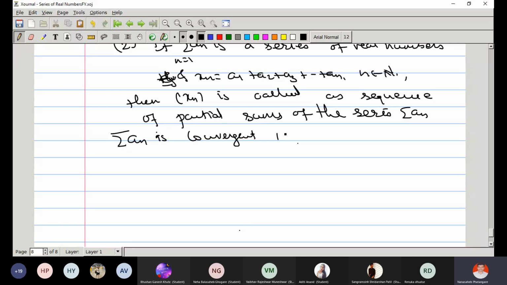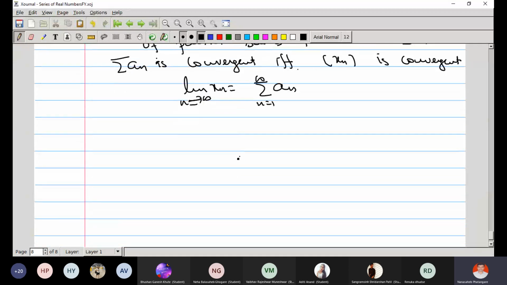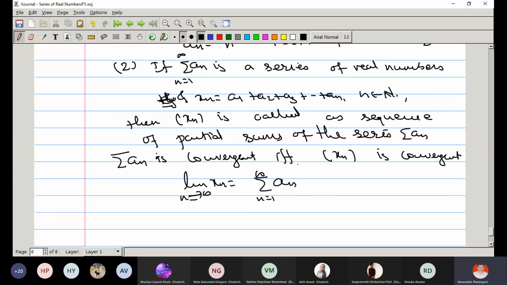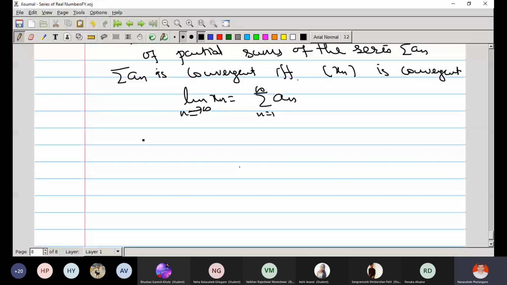So the series an is convergent if and only if the sequence xn is convergent, right? And the limit of the sequence xn is actually the sum of the series. Therefore, when we want to check the convergence of a series, sometimes it is a straightforward calculation of the limit of the sequence of partial sums.